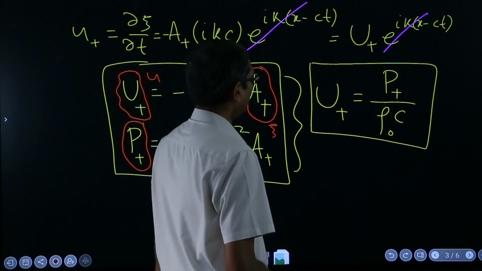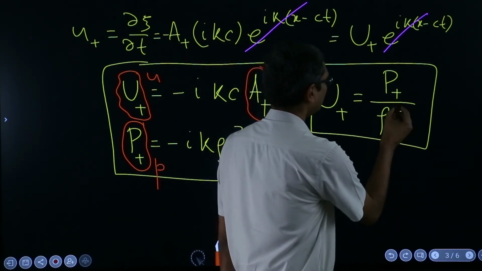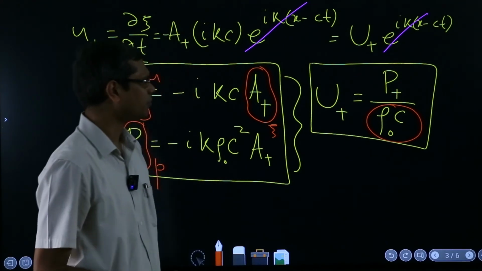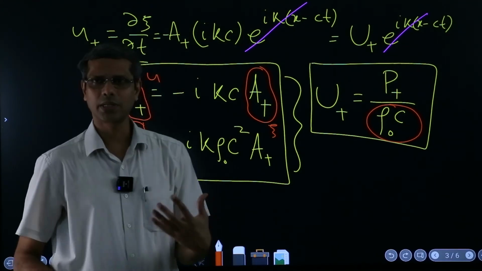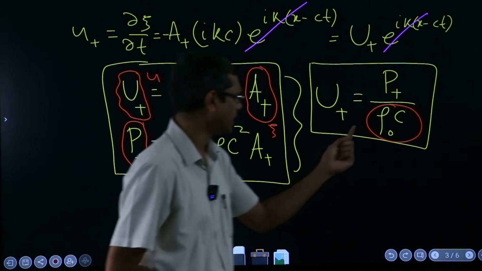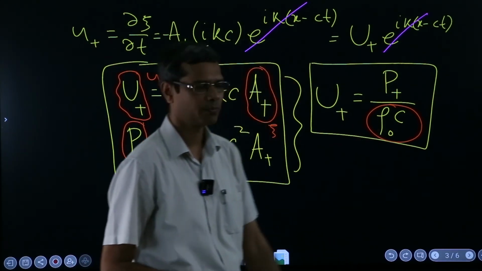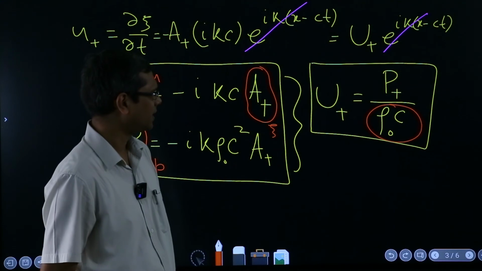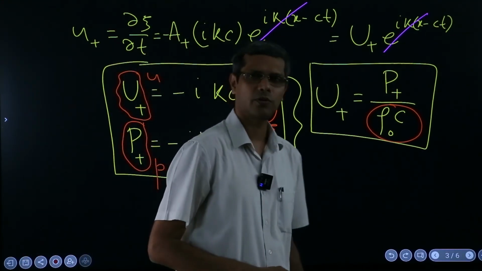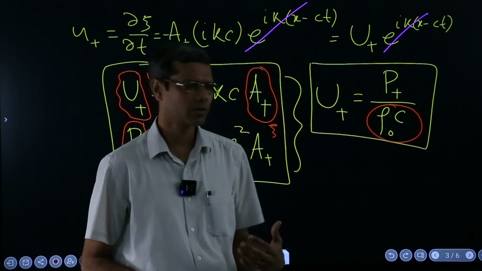Okay. And this term rho c is a very important parameter of the medium, the density times the speed of sound in that. It is called the characteristic impedance of the medium. We will talk about that.